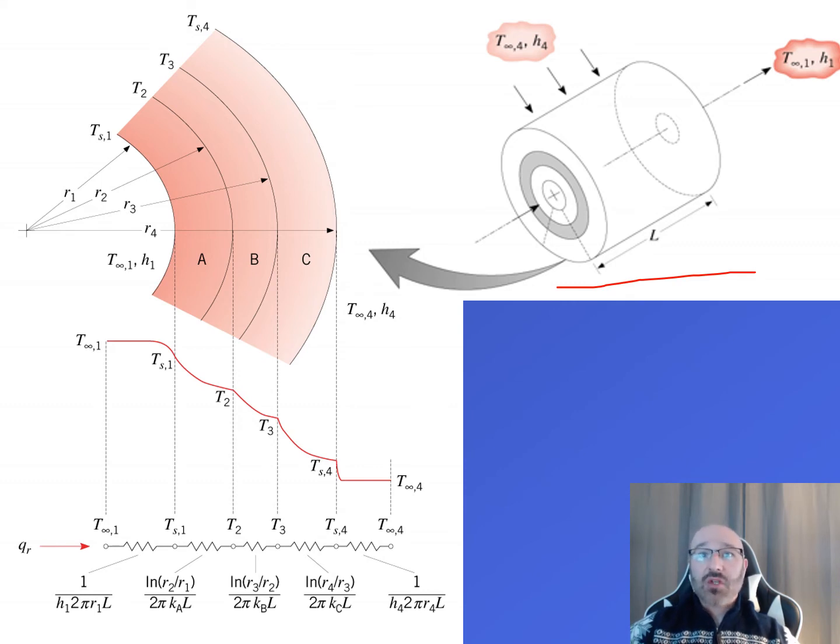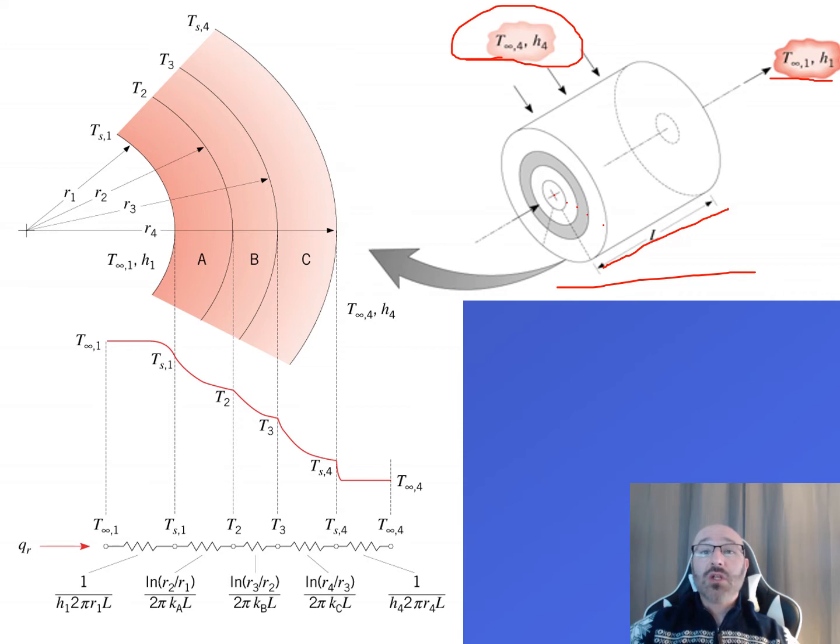So we have here the total length right here is L. We have our inner fluid temperature right here of T infinity 1 and an H1 value there. And we have an outer fluid temperature right here, T infinity 4 and an H4 value right there. Now we can see there's our composite wall right there of these different layers within our tube.